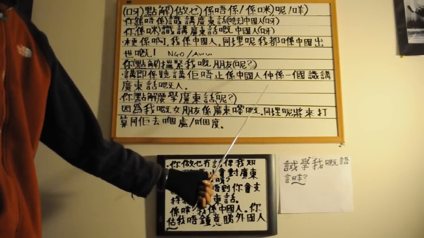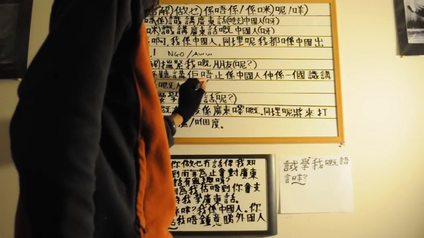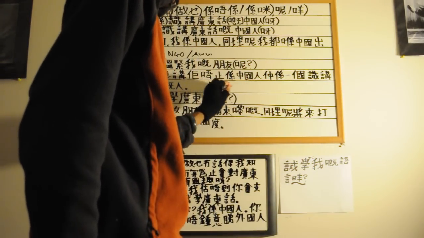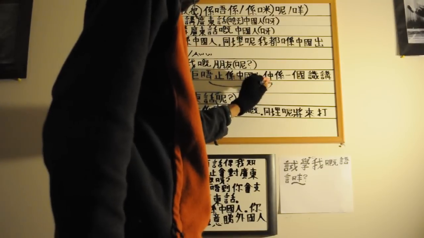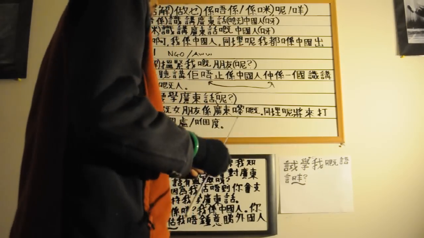仲係一個, so still. These two, this construction, they go together. So something not only 唔知 blah blah blah 仲係.